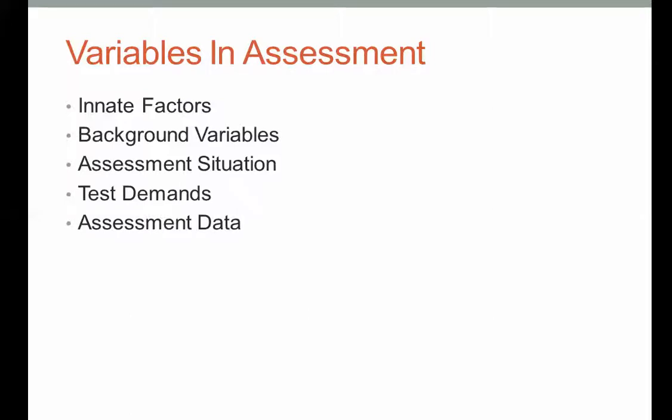But you need to read through variables to consider in an assessment, starting on page 38, and that goes through 39, 40, 41, 42, 43, 44, and 45, ending with the assessment data. So it's all pretty straightforward. Again, it's important before we get into assessments for you to understand the variables in assessment.